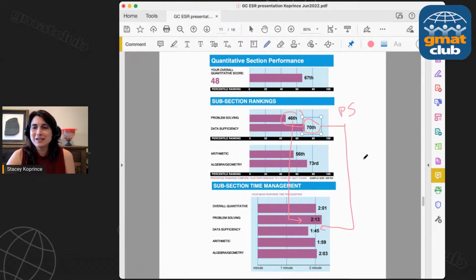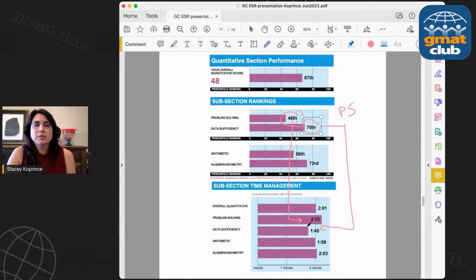Good question. So what would we do if they had the reversed rankings with PS and DS? So my first question would be, how comfortable do you feel with data sufficiency? I would also be looking at the timing down here, because a lot of times what I see is that people feel more comfortable with problem solving because that's how stuff was in school. Data sufficiency is weird, right?